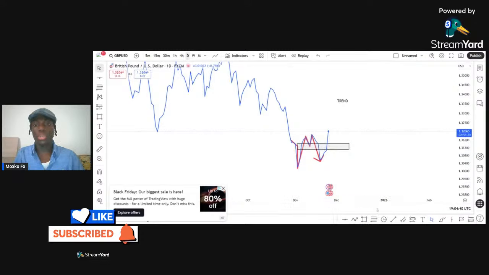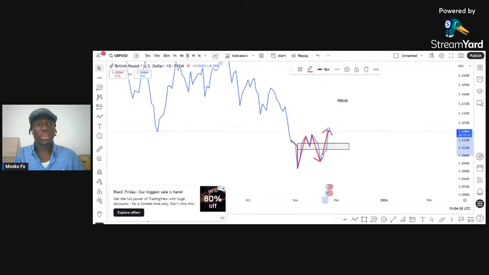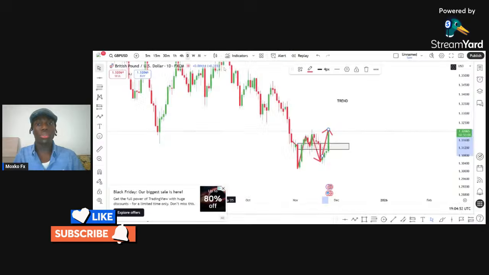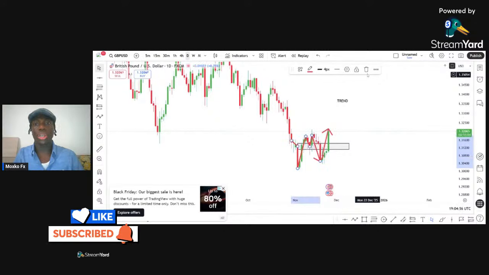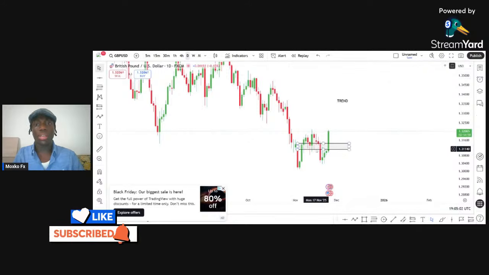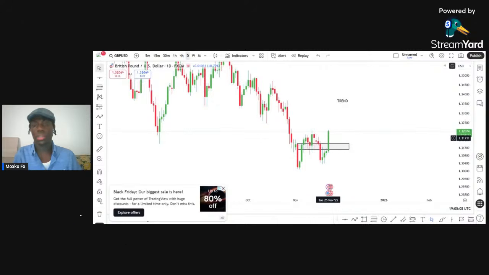But unfortunately, the buyers broke the key zone. So now we change it back to the candle, and as you can see, the buyers are currently in charge of the market, because the recent resistance has been taken out by the buyers.